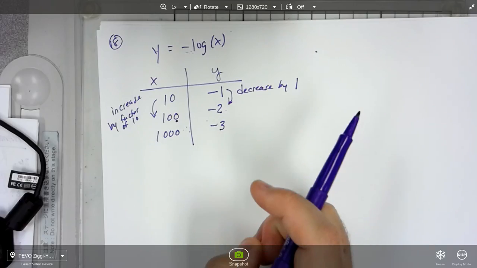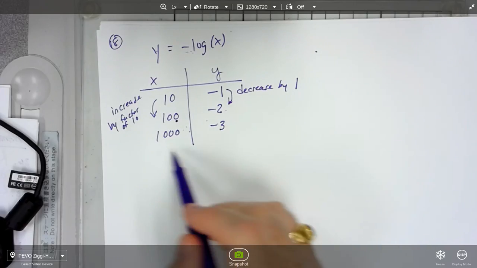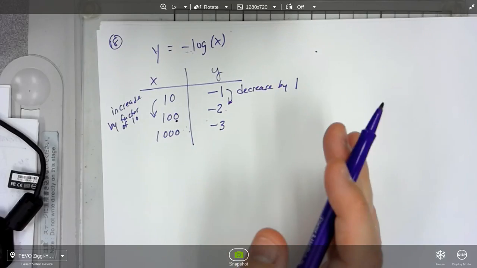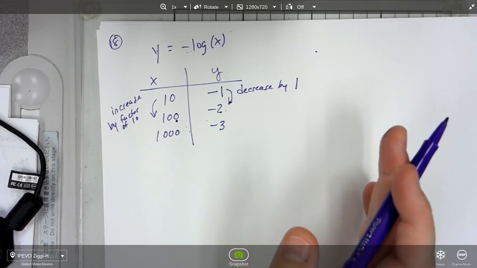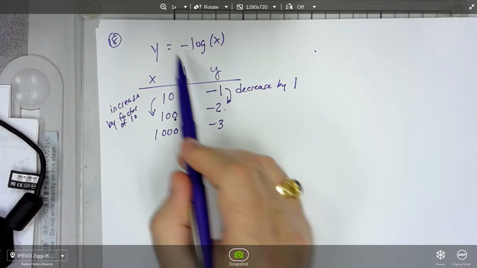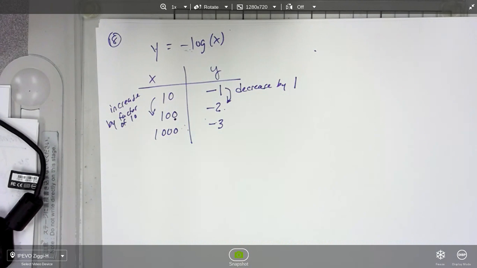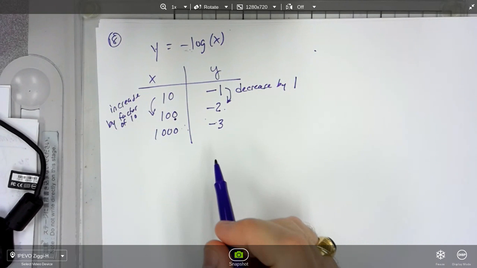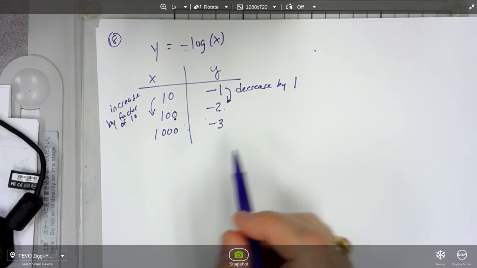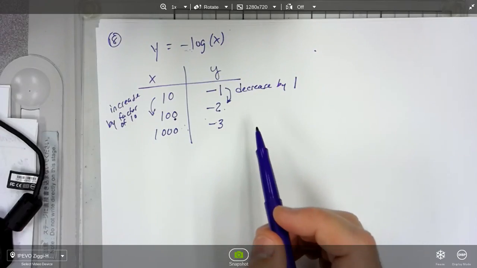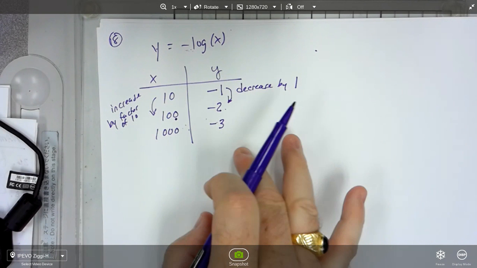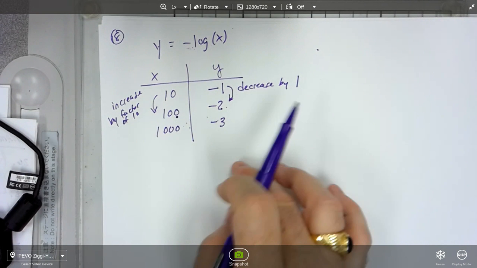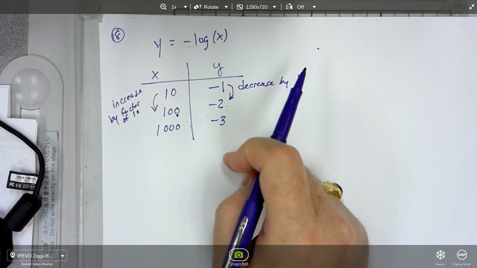Okay? So again, I don't even have to punch my calculator. If you have to, don't worry about it. No one's going to fault you. But again, if you remember that rule for the logarithm, the log returns the exponent that you'd raise the base to get that number. So anyways, does anyone have any questions on that? Do you see how it's just an observation of what's happening if you list out the x's and y's?